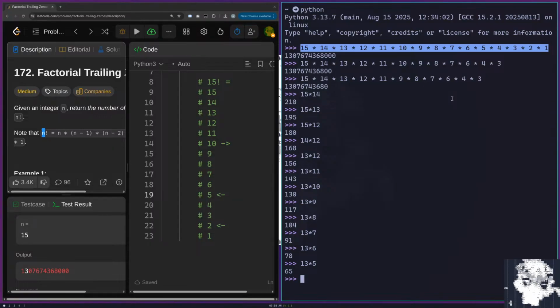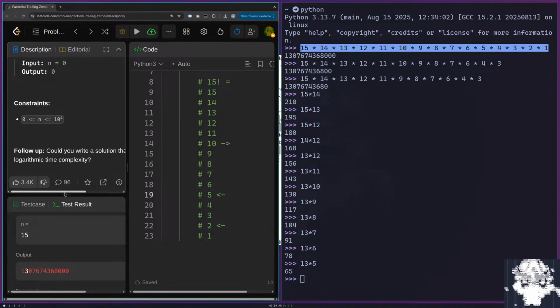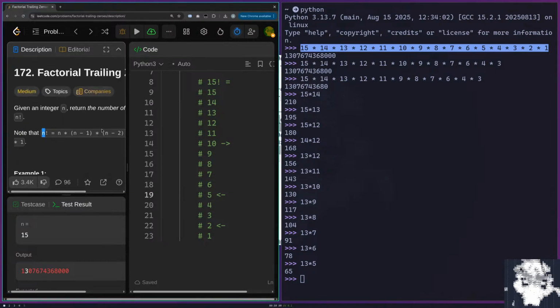Otherwise I can't skip over the non-contributing factors. Works in logarithmic time complexity.